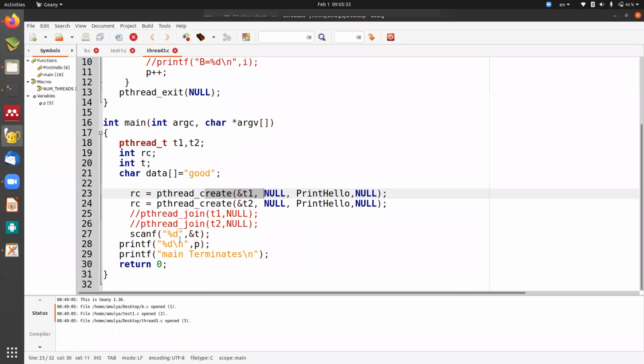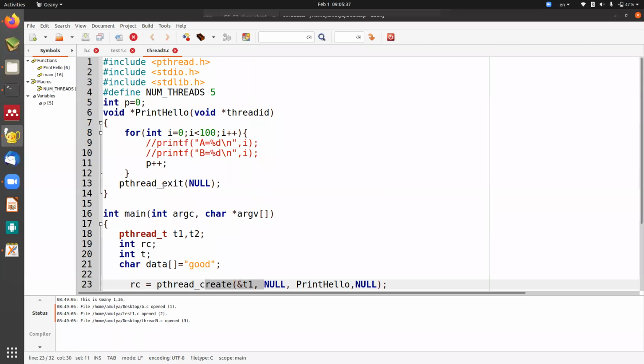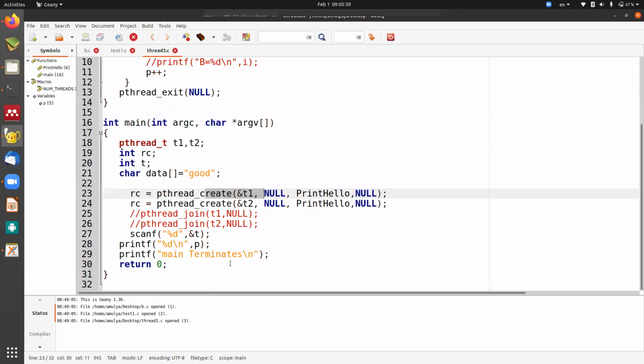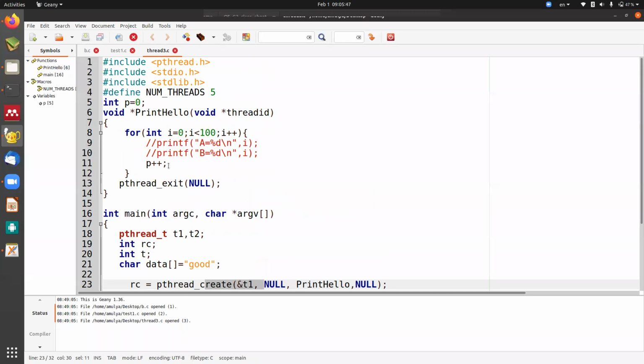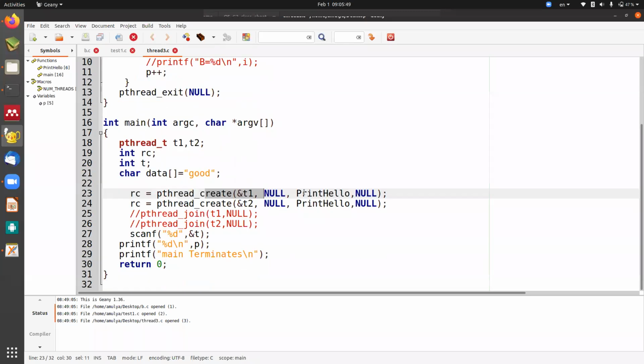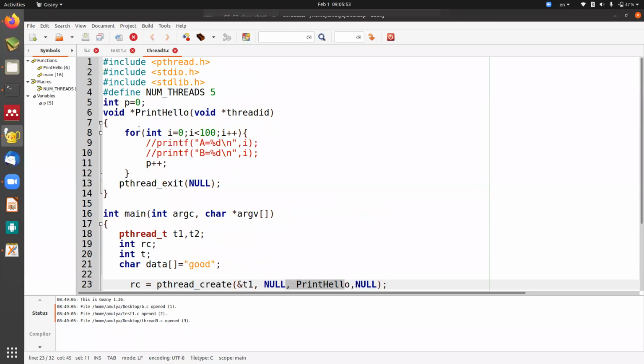Since the control does not return back, if you write pthread_exit at the end, that line itself is executed by the main process rather than by a thread, because the thread is not returning back once you call print hello through this thread create function.